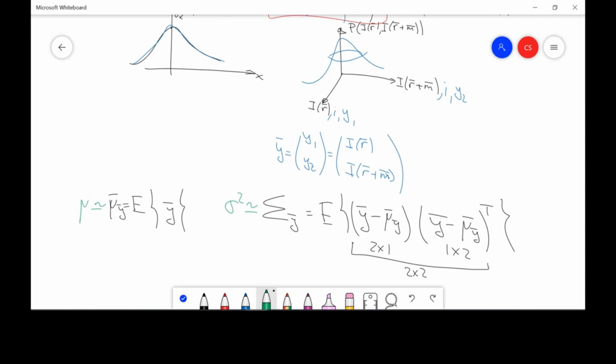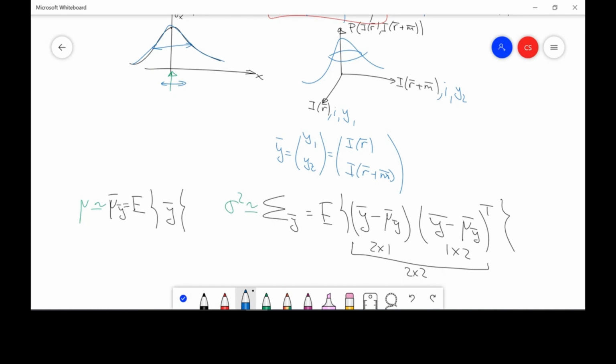Why do you want to characterize the mean and the variance? The mean tells you whether this is shifted to the left or right, and the variance characterizes how wide this is. So we are characterizing the centroid of this probability density function, the mean, and how wide it is.